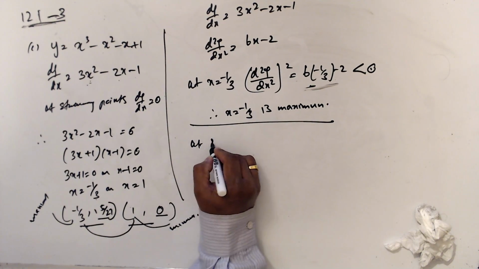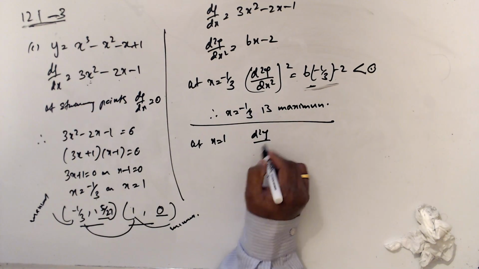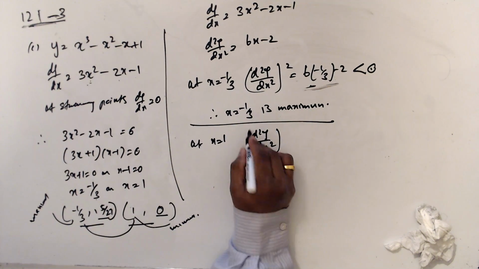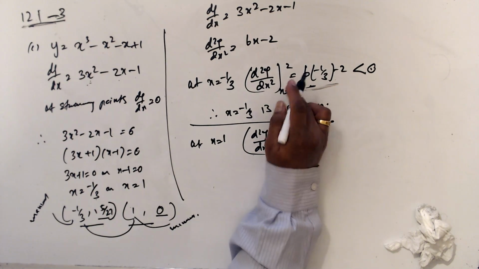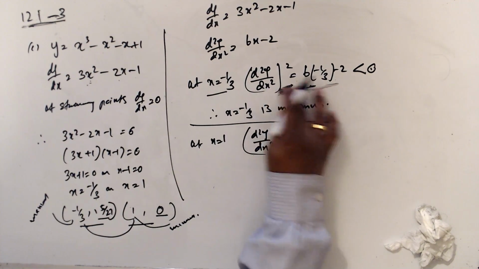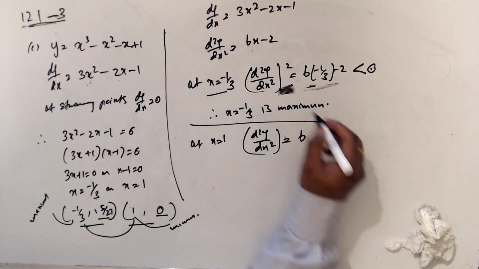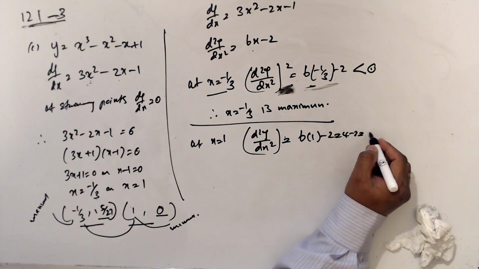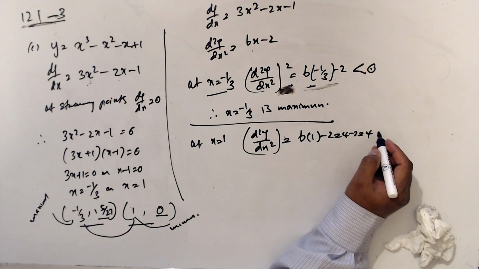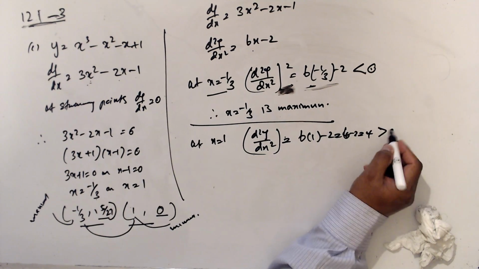Now, at x equal minus 1, d square y over dx square is 6 times 1 minus 2, which is 4, which is greater than 0.